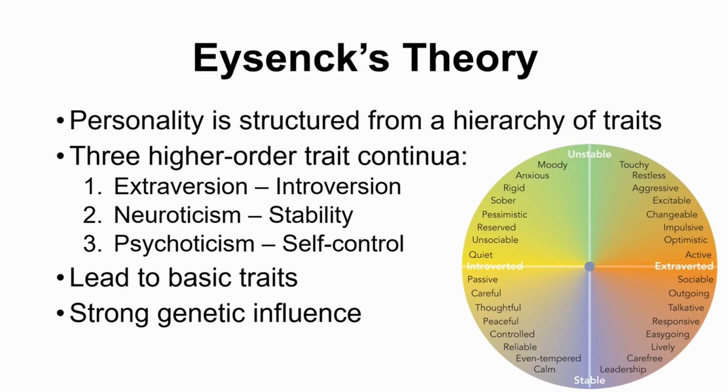So we can start with our larger, higher order continua or spectrums, and then we can end up with smaller subsections that can be considered. So you get more depth if you want to dig into it. So all of these higher level traits lead to those smaller, more basic traits.